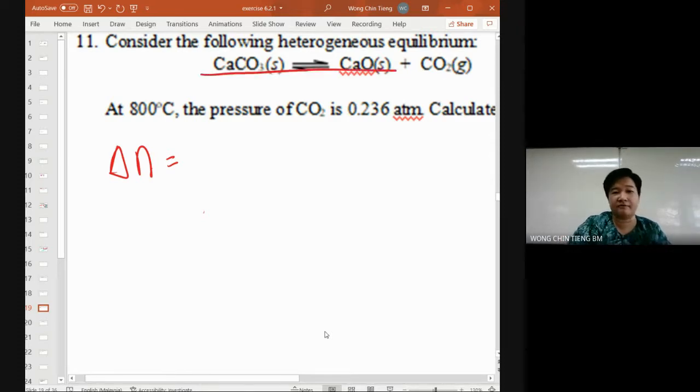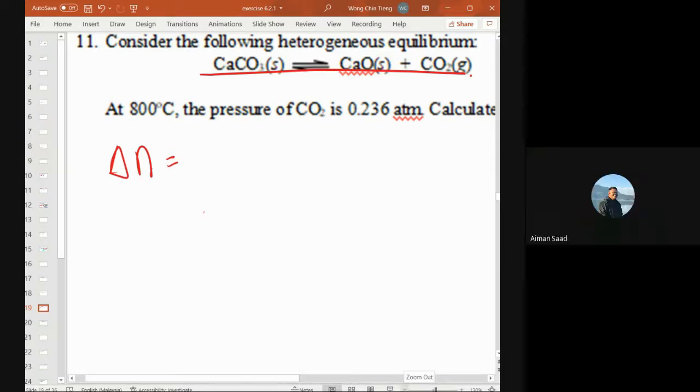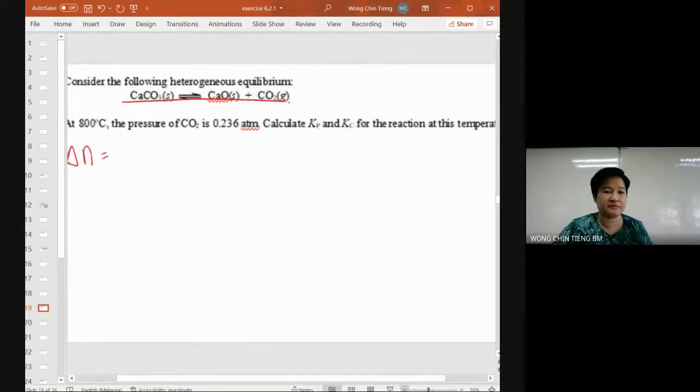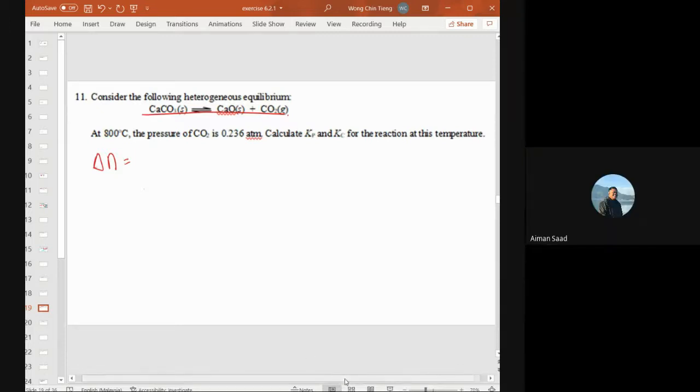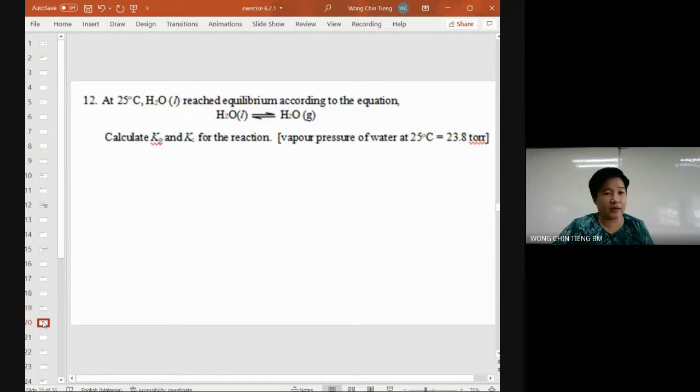I want delta N. What is my delta N? Tak apa, line dia tak elok. Nanti kita simpan soalan ni untuk line dia elok. Nanti dia still kena jawab. CO2 gas. Boleh type kat chat tak? Satu. Alright, 11 hingga 20.